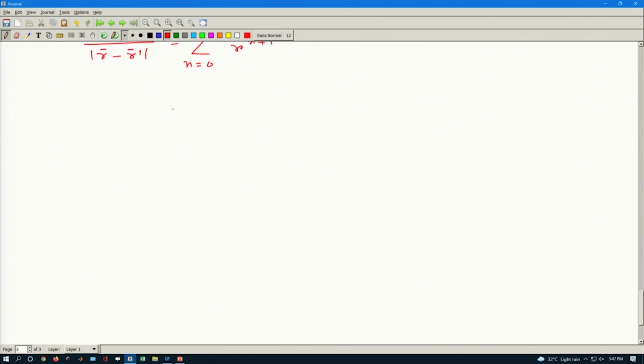Now, if I expand these, the first term is 1 divided by r, the second term is r' divided by r square, times cos theta, like before, the same thing.